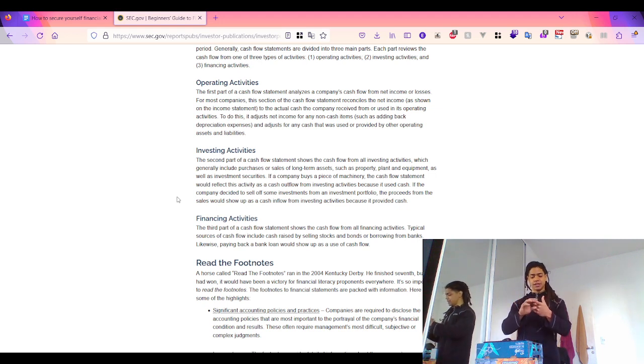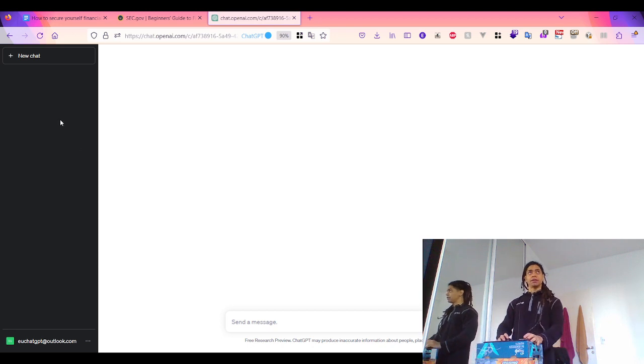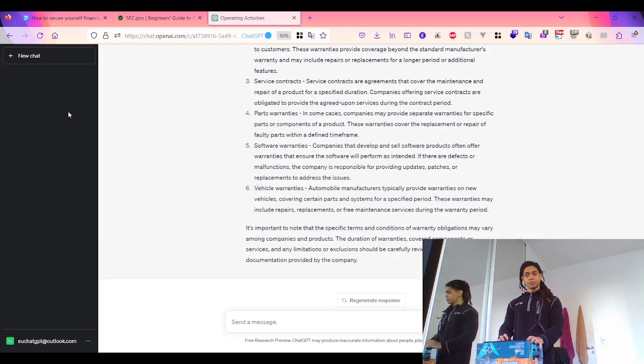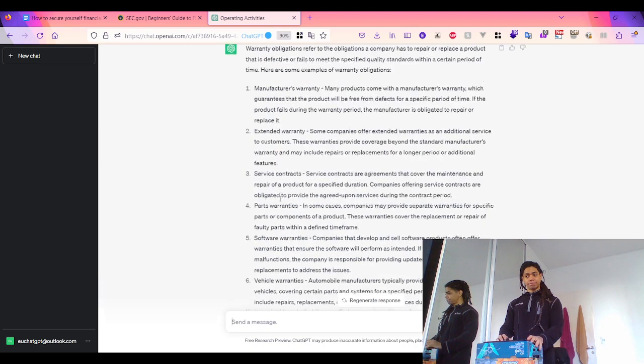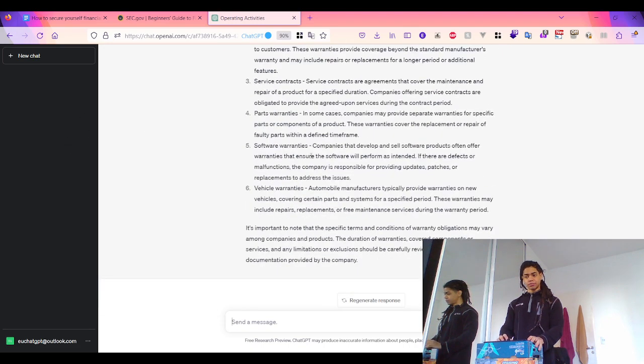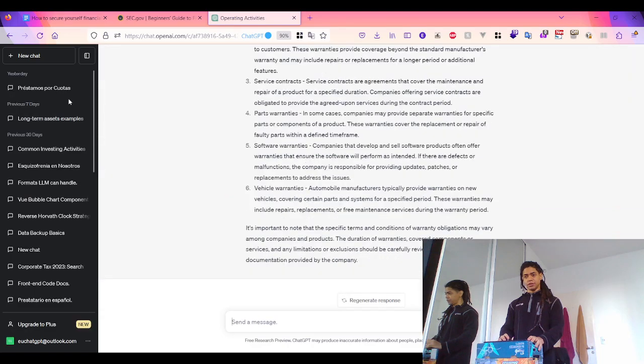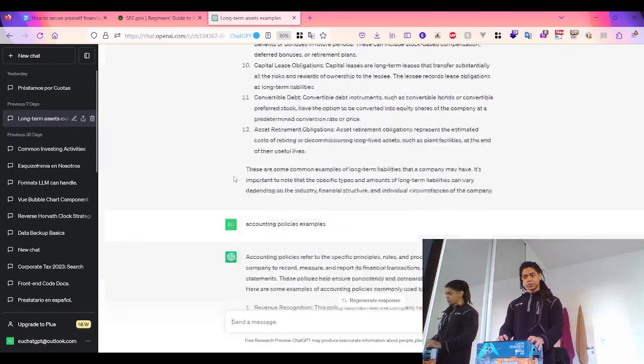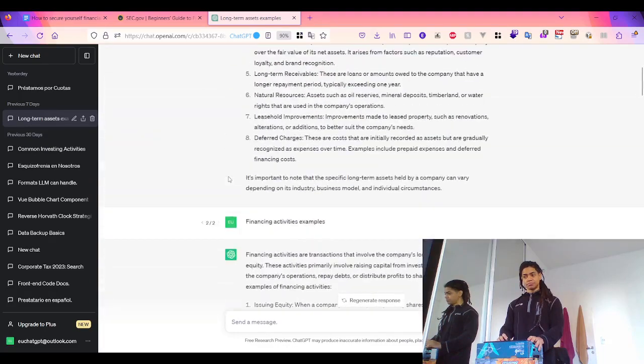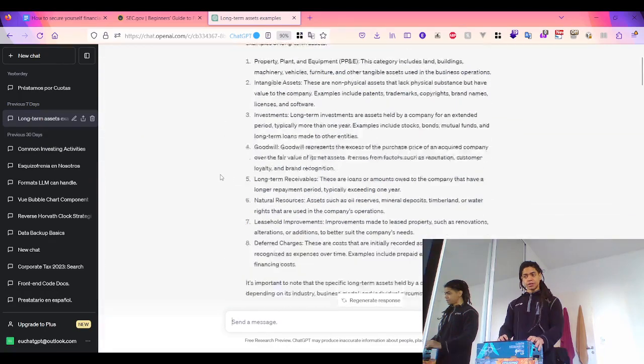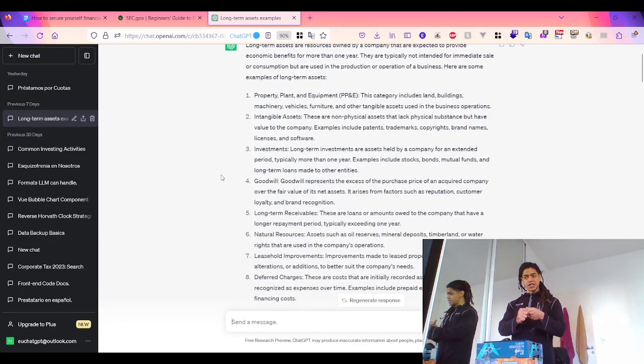Long-term assets such as intangible assets, goodwill, property, plant, and equipment. I also look at an example of long-term assets here. So an example of long-term assets is property, plant, and equipment, and intangible assets.